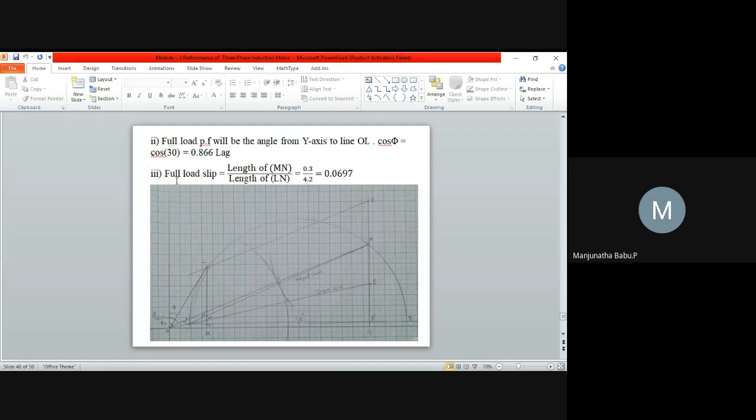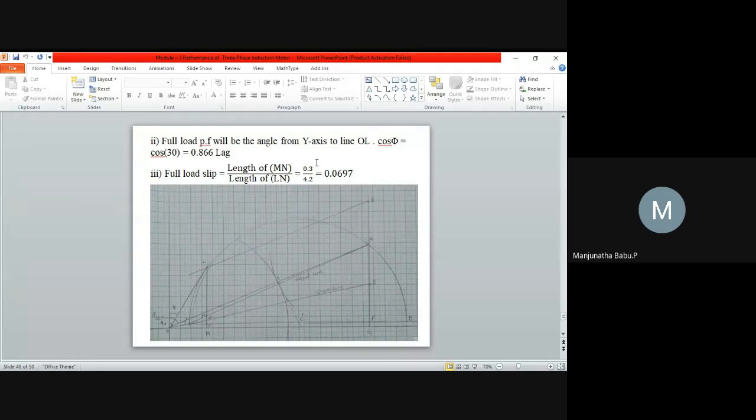Next, the full load slip. So how to find the full load slip? Full load slip is equal to the length of MN divided by the length of LN. Here we have marked a vertical line from L to the x-axis, with point M on the output line and N on the torque line. So measure the value of MN.